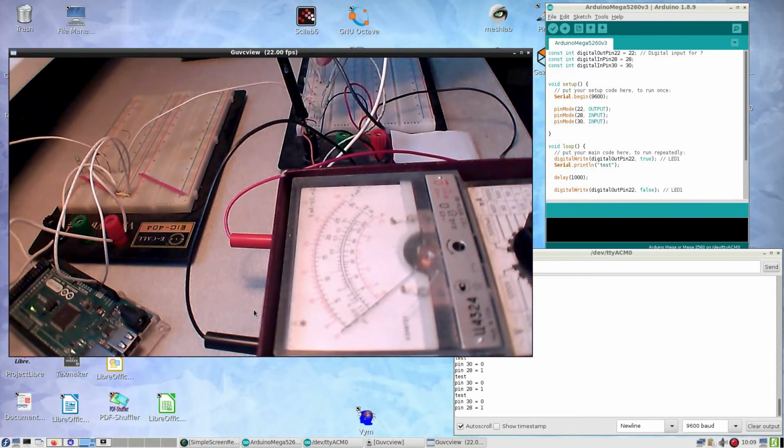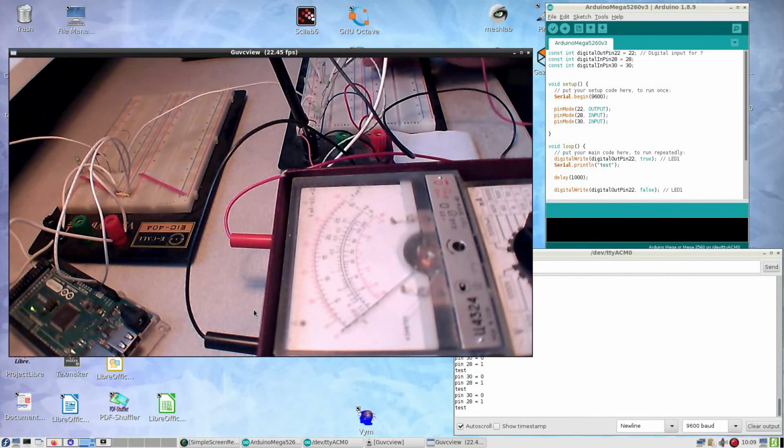With the probe in the mass or ground, first measuring this one, which is coming from the MegaADK, and by seeing the needle you can see that blinking does indeed carry the pulse.